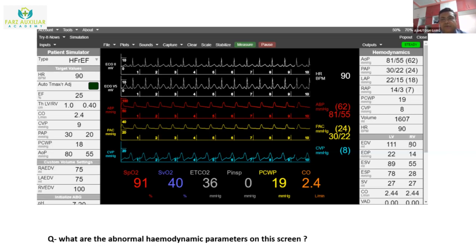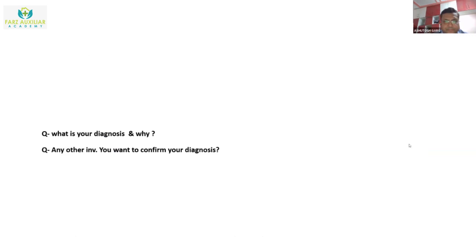In this case, you can see the PCWP is high, so it doesn't fit the criteria of hypovolemic shock. If CVP is less and PCWP is less, then only you can think there might be hypovolemic shock. Because in trauma, there may be high chances of hypovolemic shock.